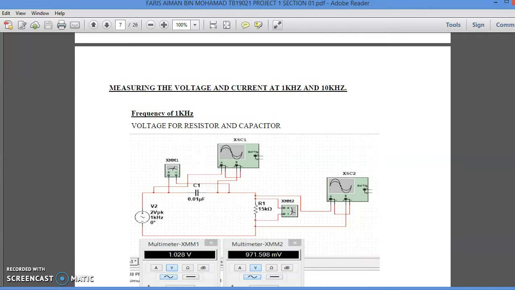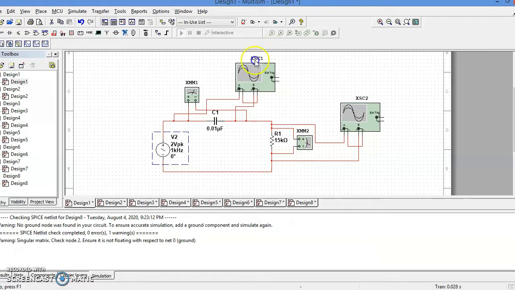Okay, for the measured voltage and current at 1 kHz and 10 kHz, I use the Multisim simulation.